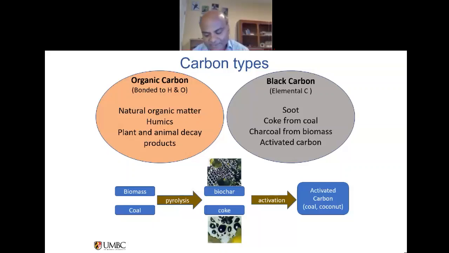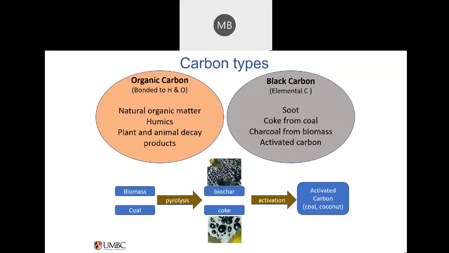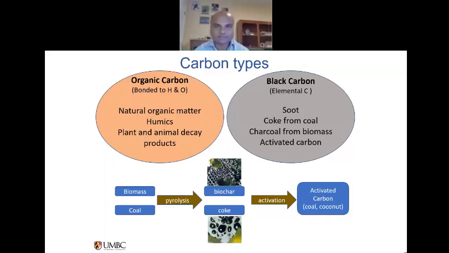Industrially, we take these materials and we can activate it, which is to increase that surface area through a steam activation process and make activated carbon. And many of you are familiar with activated carbon and its use in water treatment, because it has the super high surface area which absorbs these toxic chemicals and allows us to clean air, clean water where we need to.